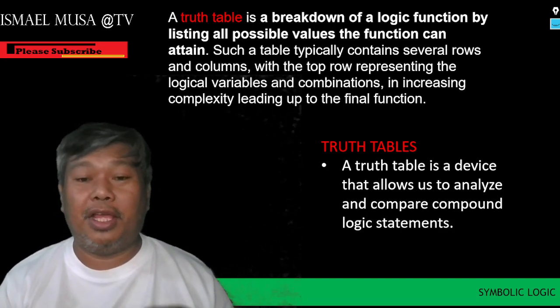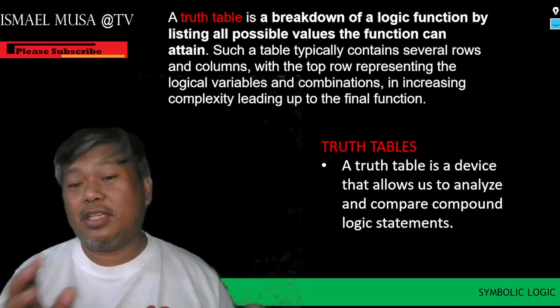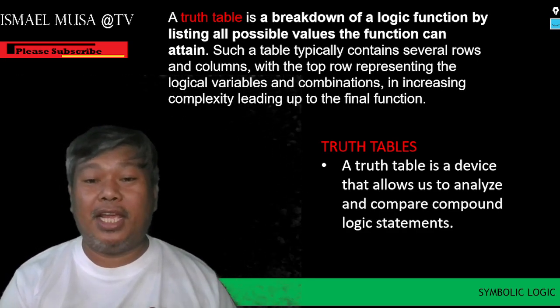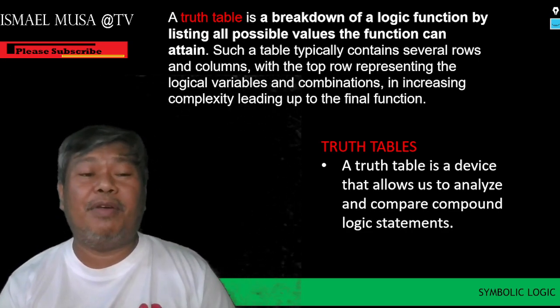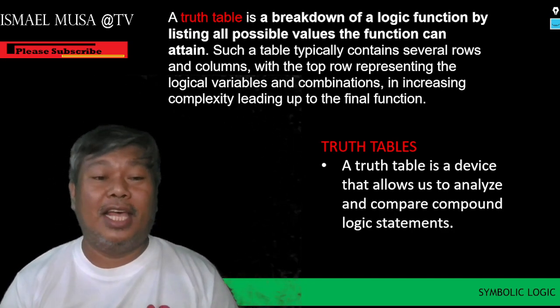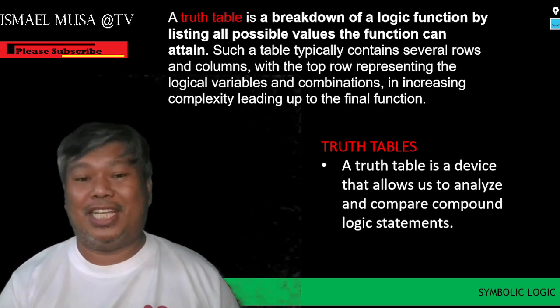If we have P and Q as individual propositions, we can come up with a new, seemingly complex proposition obtained by combining P and Q. So we can come up with a truth table. A truth table is simply a device that allows us to analyze and compare compound logic statements.